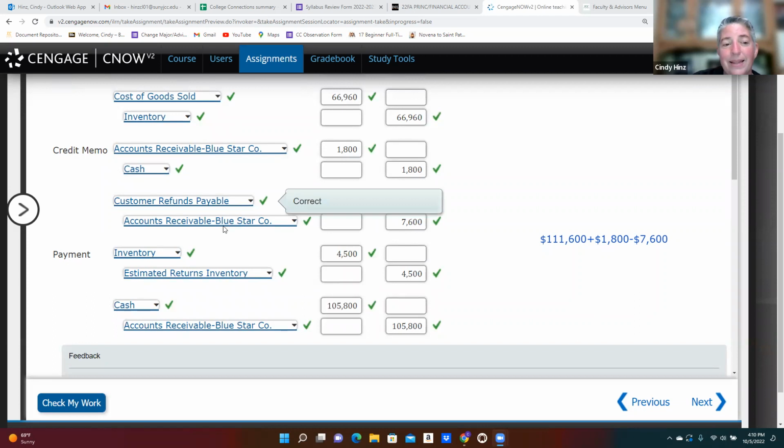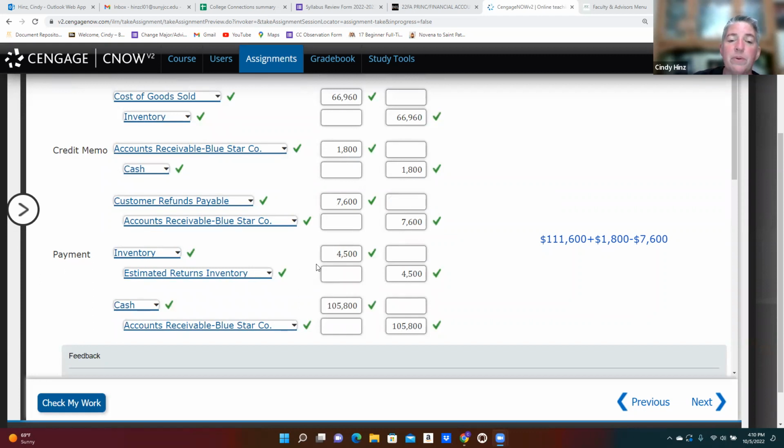The next two entries actually are related to the credit memo and the return. So when they return the $7,600 that they were charged for the merchandise, Shore removes it, credits it to accounts receivable, and debits it to that customer refunds payable that we talked about in the last exercise.